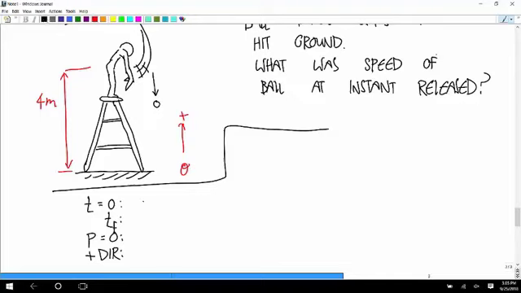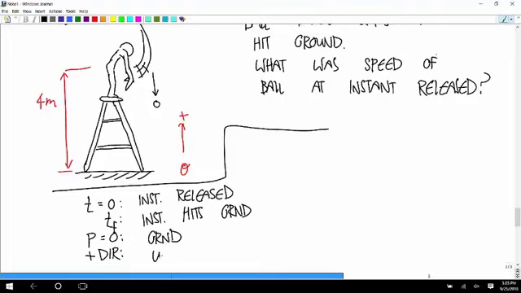Time equals 0 is the instant it's released. Time final is the instant it hits the ground. P equals 0 is the ground. Positive direction is up.